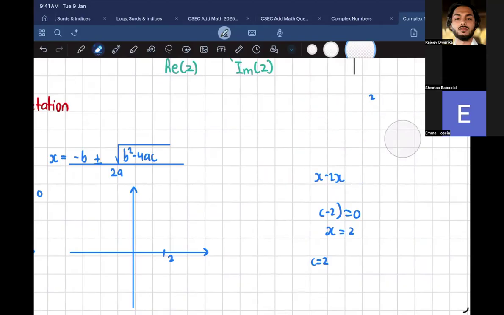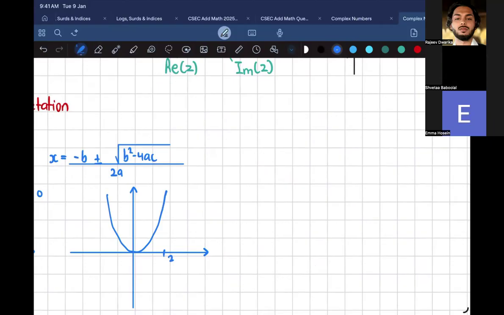If it's less than 0, it's not real and not distinct, that means imaginary. Yes, it means imaginary. If it's less than 0, it means the roots exist in conjugate pairs. That's what you're learning, right?